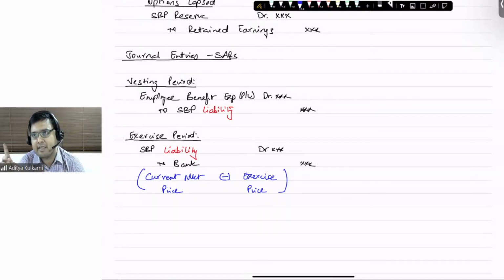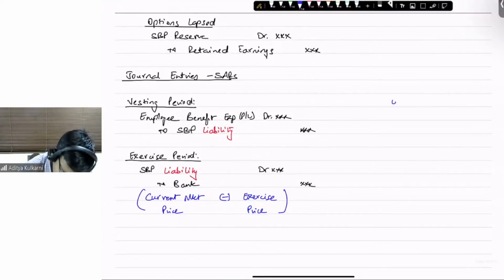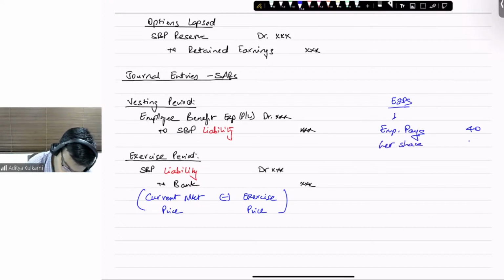Market price right now is 100. My exercise price is 40. So now give me 60 rupees. In the case of stock options, we had discussed this, the story would go something like this. In the case of ESOPs, the employee pays, let us assume exercise price 40, and gets a share of 100.